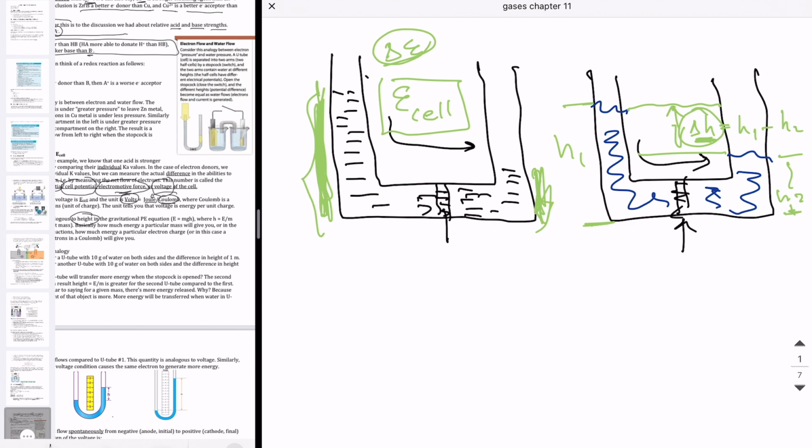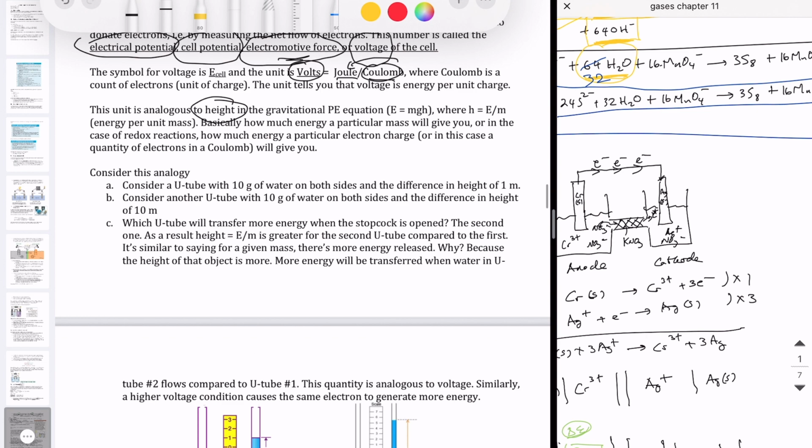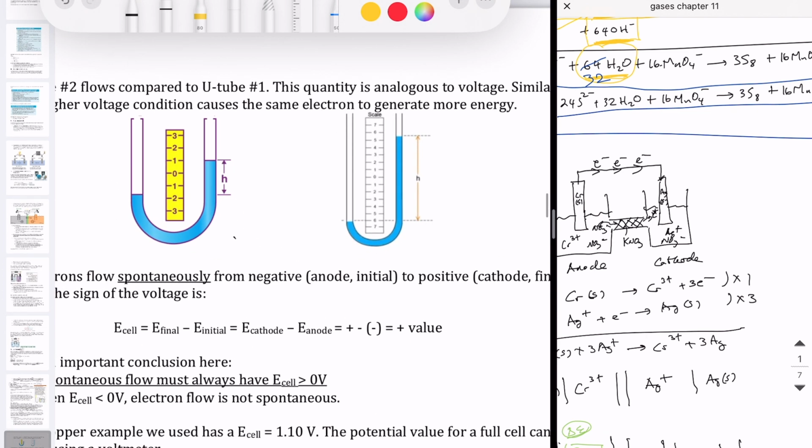Okay, so again, the bigger that value is, the bigger that voltage is, the more work you can get. I like to, again, use this example of a U tube filled with water. So these are two U tubes, right? They're both given the same amount of water, but on the left side, the difference in height is shorter, and on the right side, the difference in height is higher.